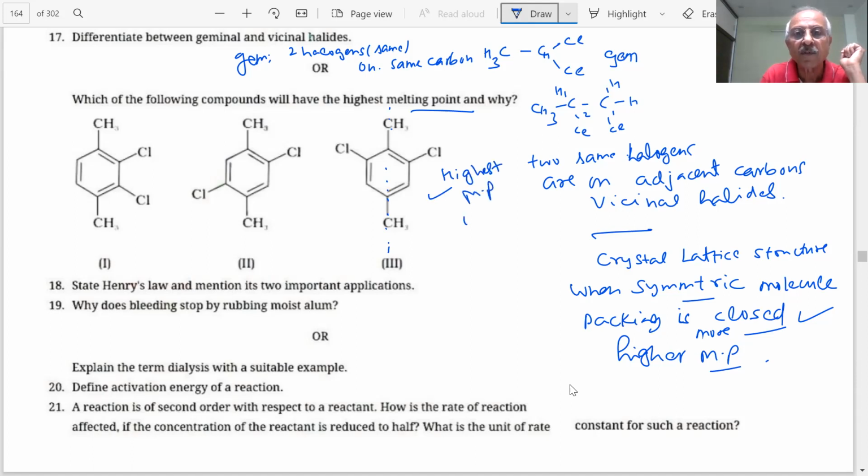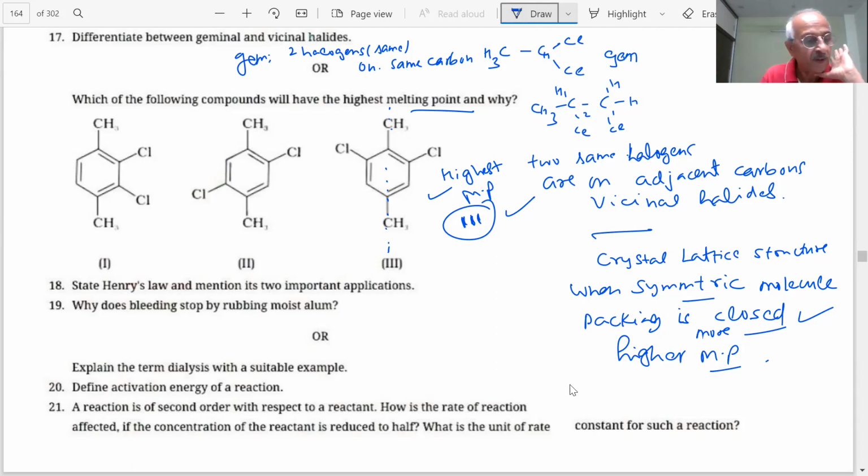The answer will be 1, 2, 3. Because this packing will be the closest, the molecules will fit into each other better because of the symmetry. This molecule is more symmetric, so they will fit into each other more closely.